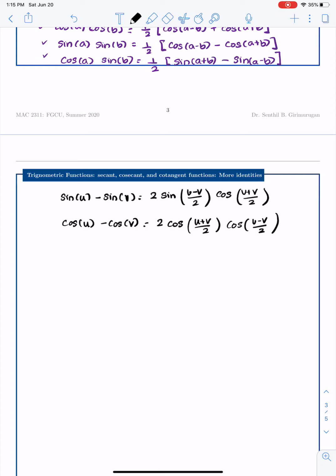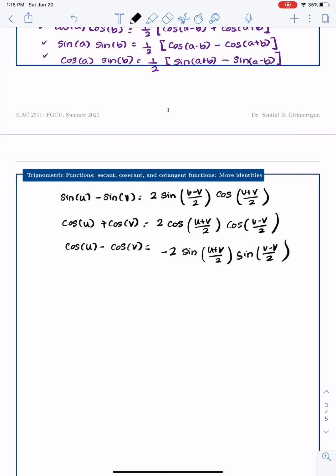And lastly, cosine u minus cosine v would equal negative 2 sine u plus v over 2 and sine u minus v over 2.